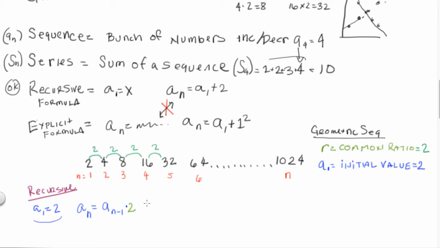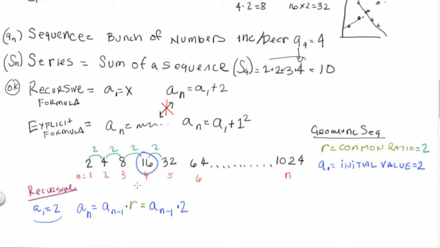Or I'll give it to you more generally so you can see. This just turns out, once again, to be a to the n minus 1. N minus 1 just means whatever number you're looking for here, minus 1, times the common ratio, which we already said is 2 in this example. So for example, let's say we want to know what is this number here.